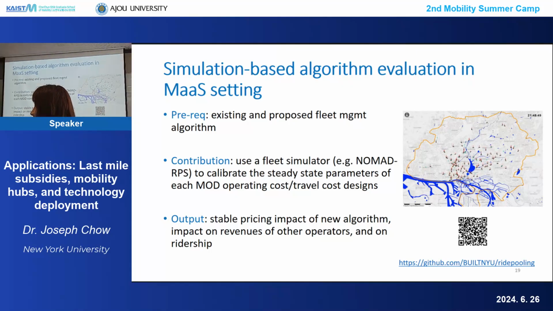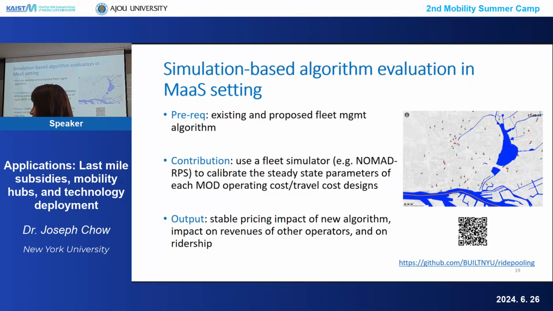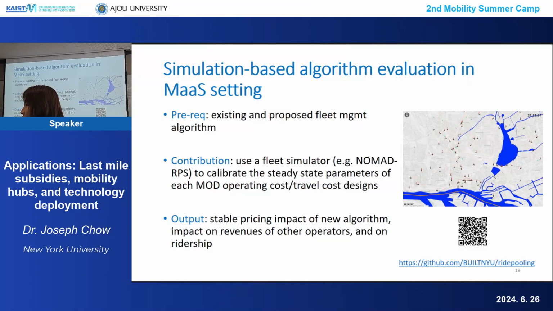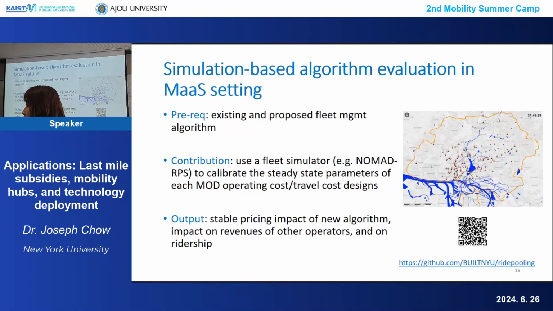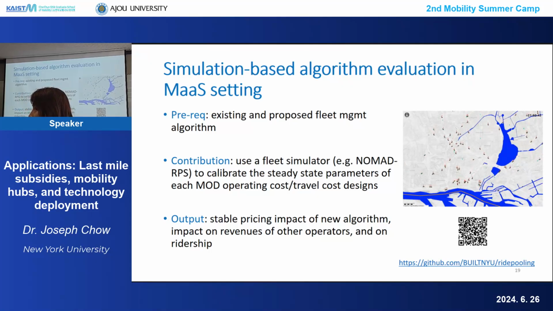My question is more about a technical thing. I find that recently urban air traffic is becoming a hot topic. So what do you think about how to incorporate air traffic in the MaaS framework? It's almost required, I think, for urban air traffic because they have limited access, right?